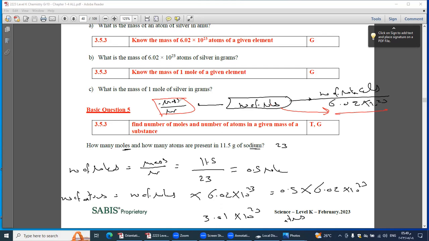If we have a mass and we need to obtain molecules, we calculate mass over molar mass to get moles. After that, moles multiplied by Avogadro's number to get molecules.